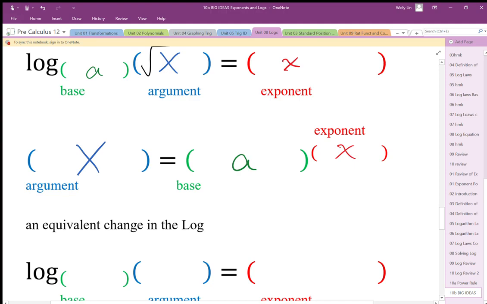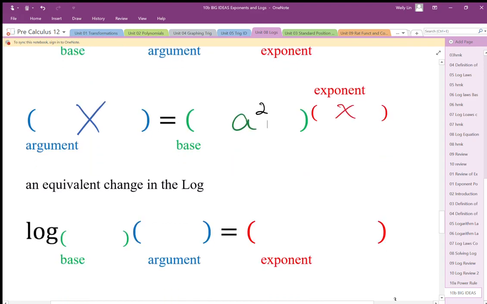So we could also investigate here, and this is the last thing I want to investigate: how can I undo that square? What does that undoing of the square look like in exponent form and in log form? There's my argument x, and then I have my exponent x here.